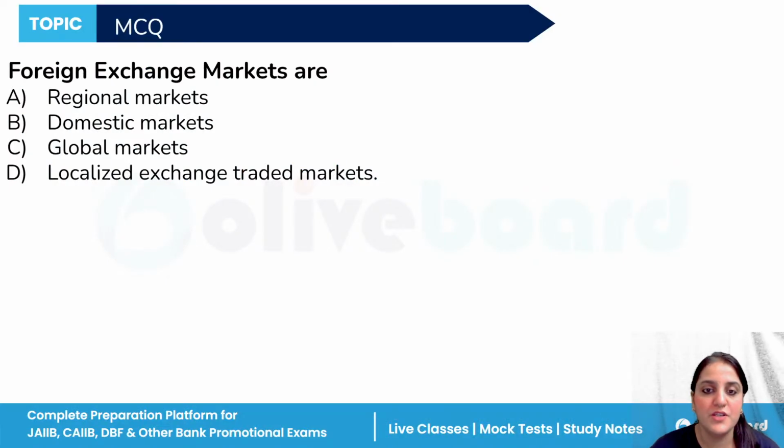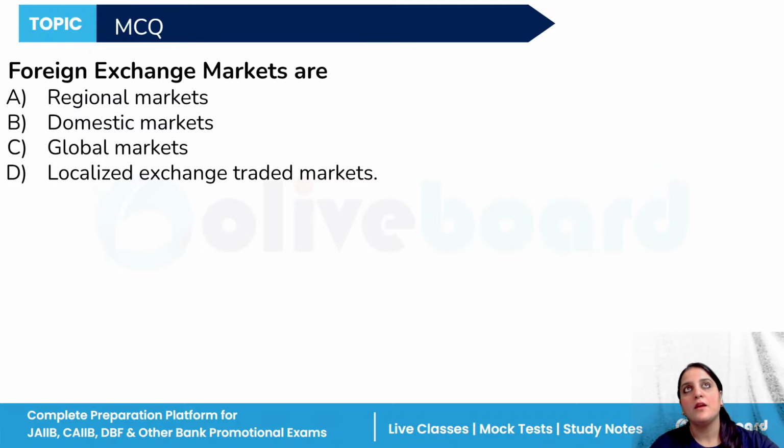So the first question is, foreign exchange markets are basically: four options are given: regional market, domestic markets, global market, and localized exchange traded markets.